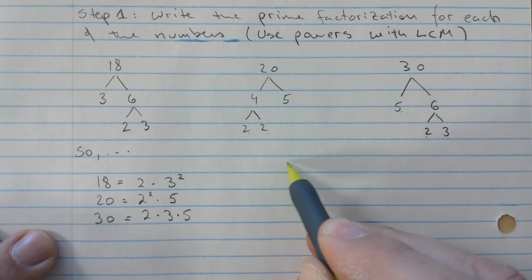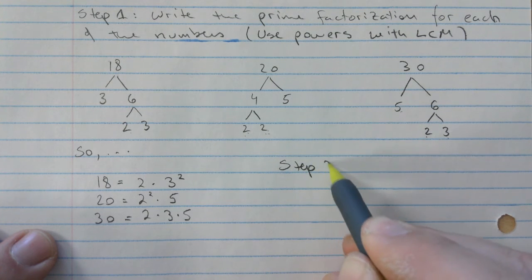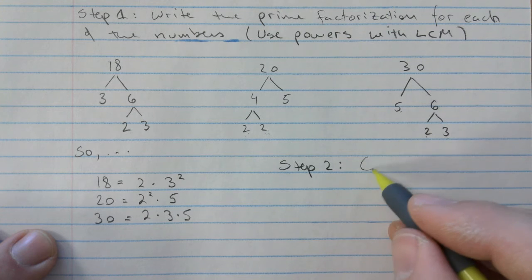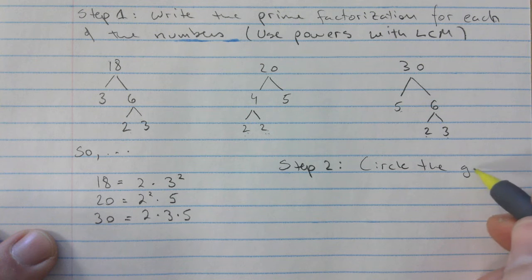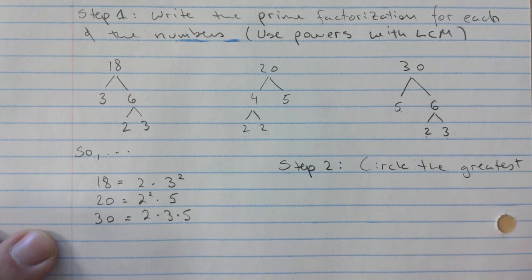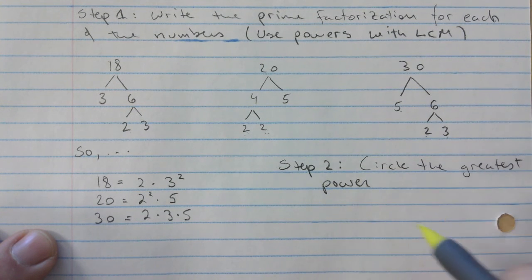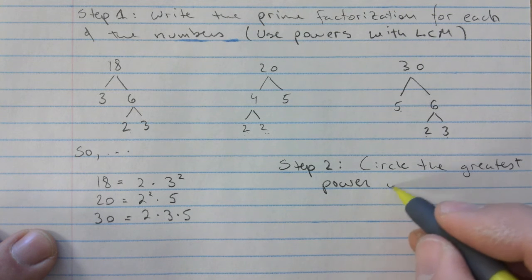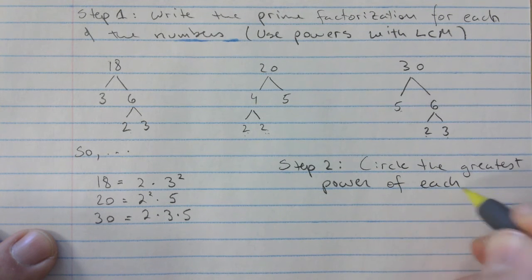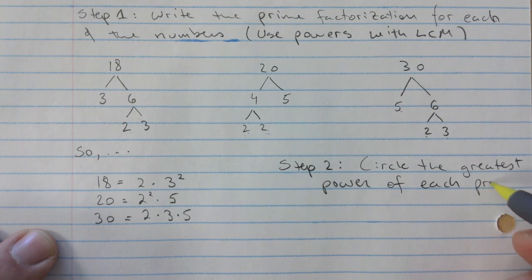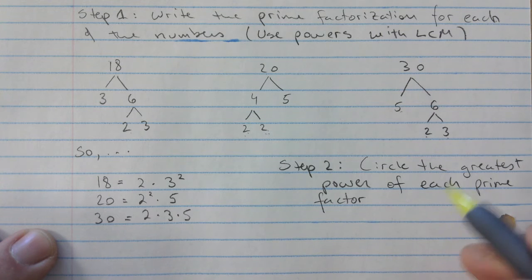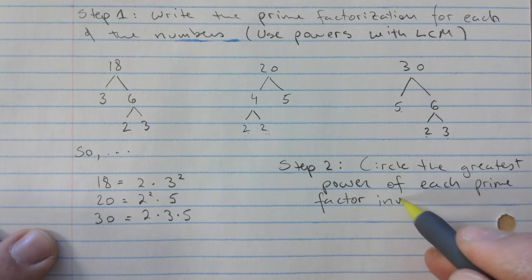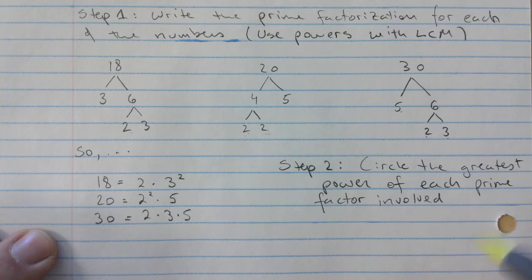And I will write step 2 here. Step 2, circle or identify the greatest power of each prime factor involved among all the lists.